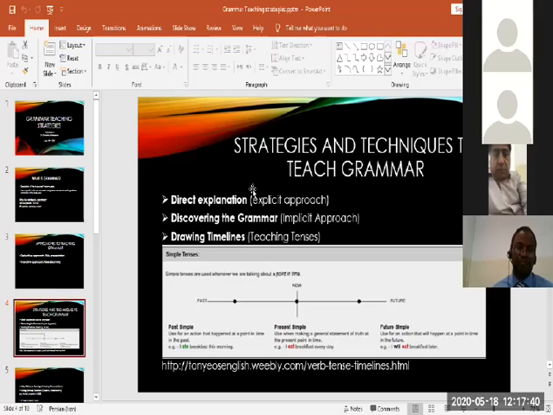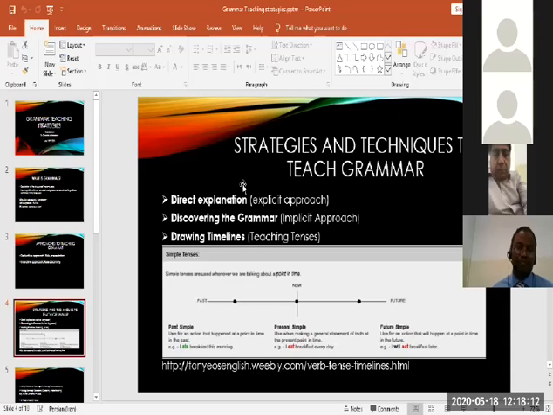For example, a text with some regular verbs in past form, and then we ask the students to underline all the verbs and tell us what they notice, what common thing they observe in these verbs. So their consciousness is raised. They can notice the verbs ending in -ed, and they can infer the rule in this way.